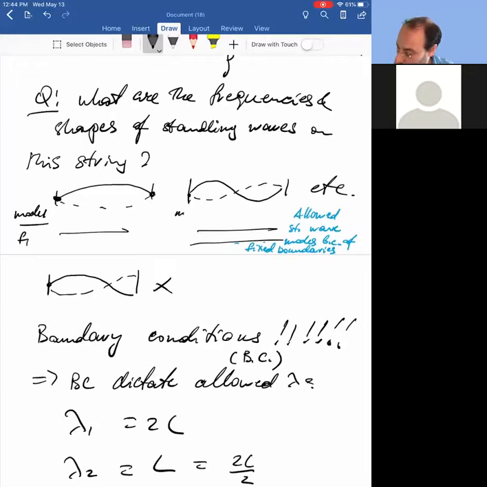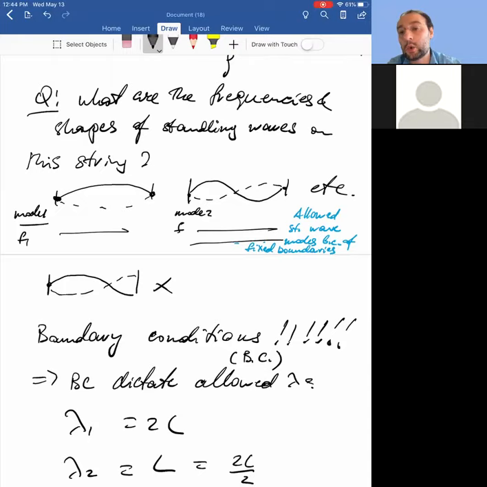This is mode 2. And if you create an initial condition of this sinusoidal shape, you let go, it will oscillate with frequency f2. And so you see there's a node here, and there are nodes at the end. In the first mode, there's one antinode in the center, and in the second mode, there are two antinodes.